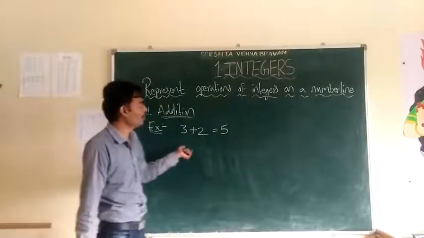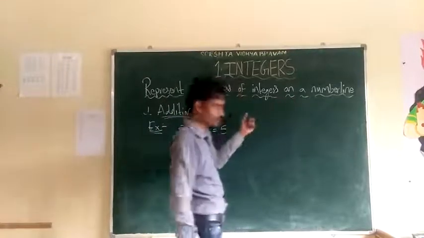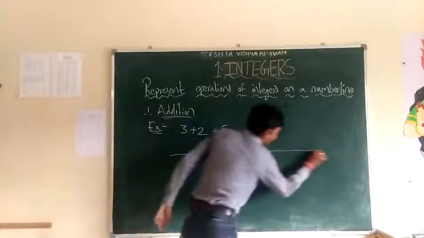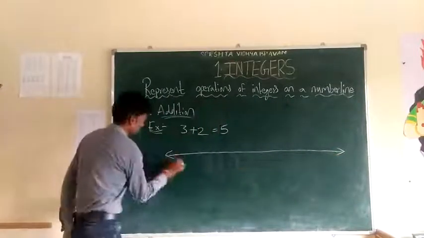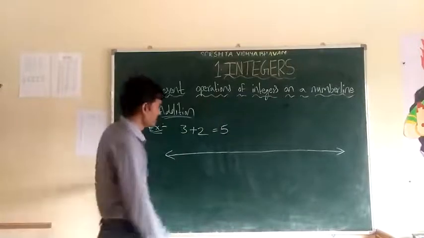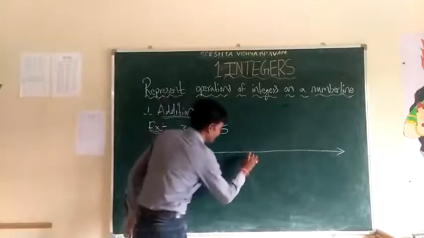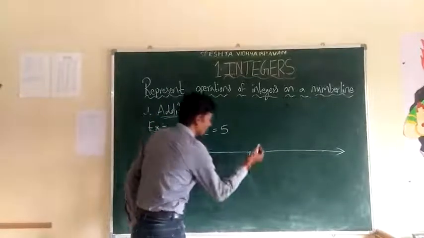Now we have to draw a number line, and it is indicated in the center of the line with 0.